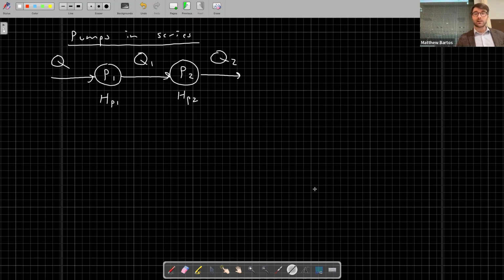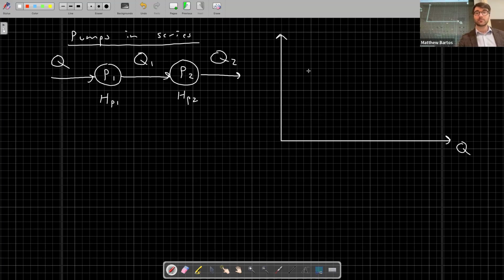Let's go ahead and also draw out the pump curves for these two different pumps. So I'm just going to draw two arbitrary pump curves here. So this is our discharge on the x-axis, our pump head on the y-axis.